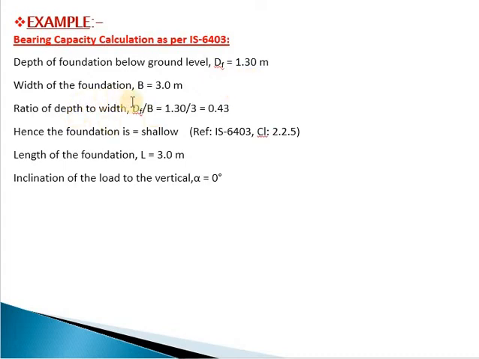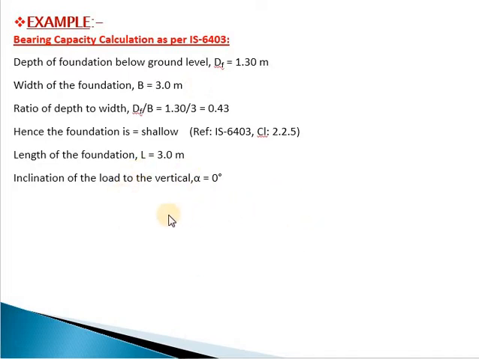The width of the foundation B is equal to 3.0 meter. So the ratio Df by B is equal to 0.43. Hence the foundation is a shallow foundation as per clause 2.2.5 of IS 6403. The length of the foundation is 3 meter and the width is also 3 meter, which means it is a square foundation.